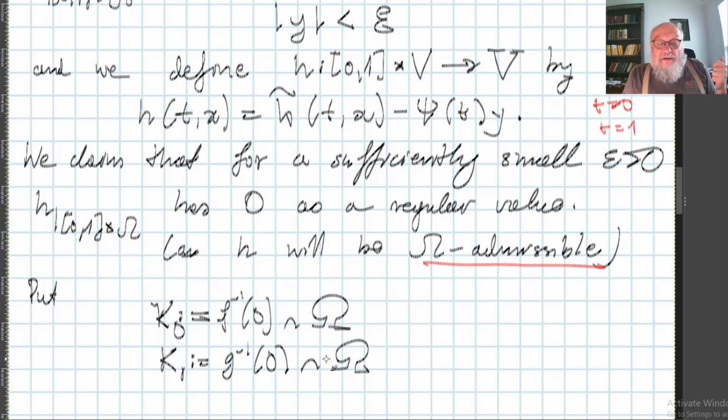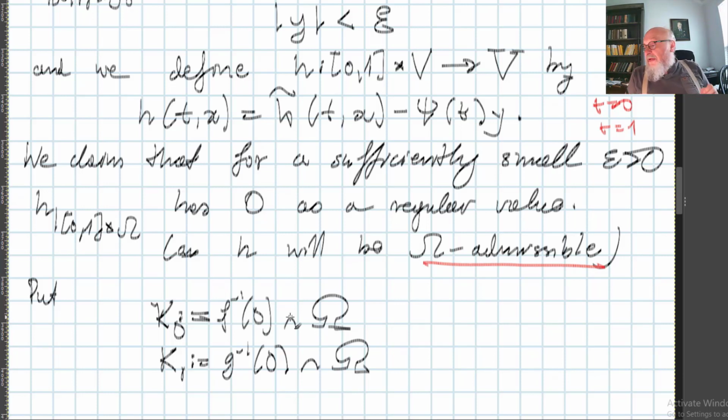But that's not what we want to say. We simply say, look, this set k0 is composed of regular points.